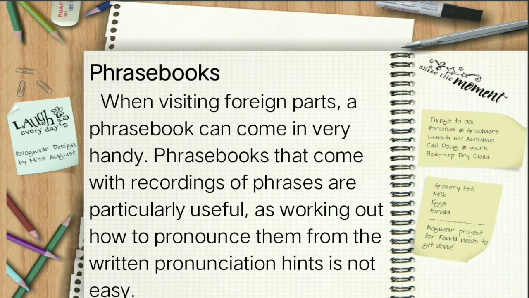Next are phrase books. When visiting foreign parts, a phrase book can come in very handy. Phrase books that come with recordings of phrases are particularly useful, as working out how to pronounce them from the written pronunciation hints is not easy.